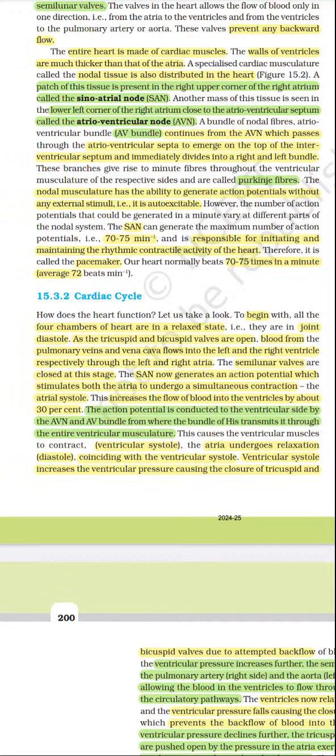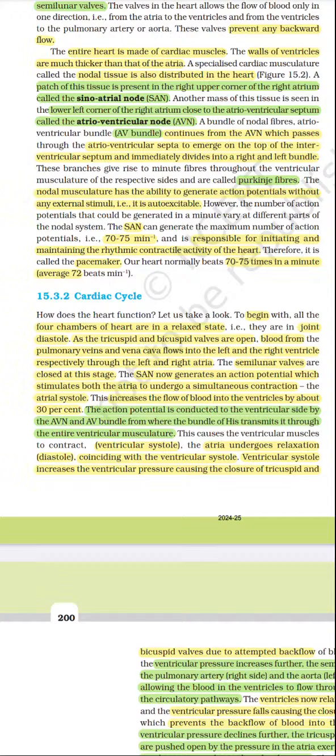Cardiac cycle. How does the heart function? Let us take a look. To begin with, all four chambers of the heart are in the relaxed state, in joint diastole, as the tricuspid and bicuspid valves are open.